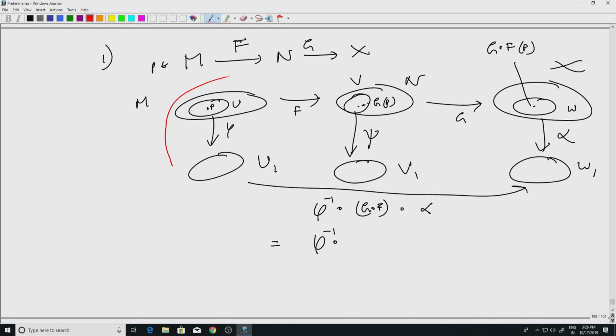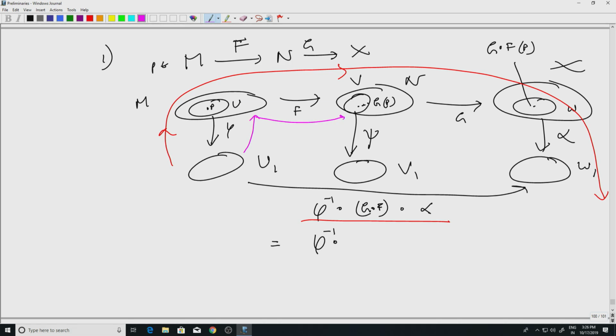So instead of going like this, which is what I'm doing here, I sort of take a detour. I'll start here, go here, come here, then go down and go back up again, then follow G, and then the rest is the same.